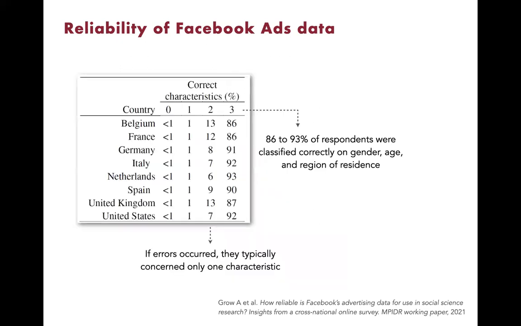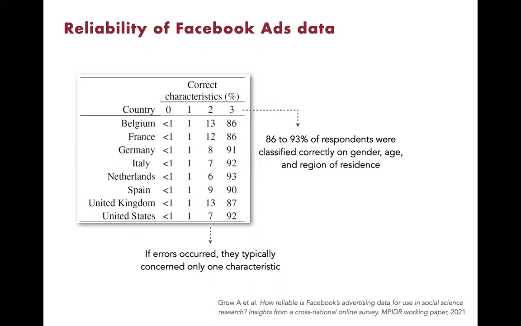So now this table shows the proportion of respondents who were classified correctly on 0, 1, 2, or 3 characteristics by country. So from 87 to 93% of respondents were classified correctly on all 3 characteristics, meaning that gender, age, and region of residence that Facebook used for targeting respondents in the advertising campaign matched with the responses that participants reported in the questionnaire.